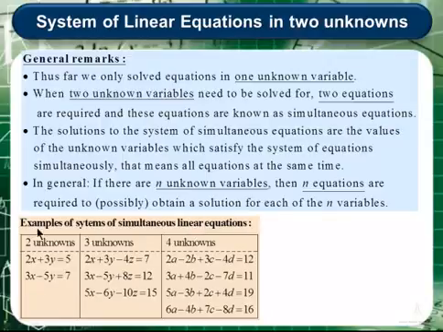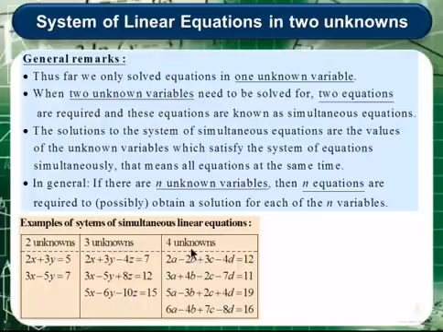Here we have some examples of systems of simultaneous linear equations, where in the first instance, shown in column number 1, we have two unknowns. Let's say the unknowns were x and y. Note that in such a case we write the equations in such a way that the variables appear beneath each other in columns as indicated on the screen. The next system is what is known as a 3 by 3 system: 3 unknowns and 3 equations written in a structured way.